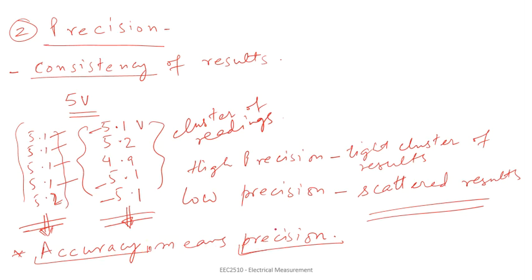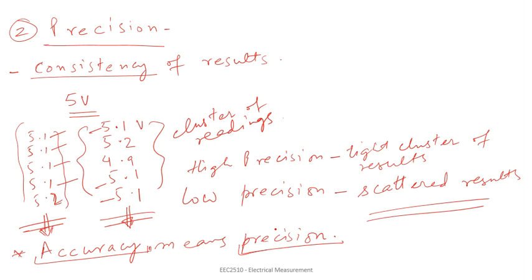So what we have studied in accuracy and precision: accuracy is the closeness of the measured value to the true value, whereas precision means the consistency of results. That is, how close the successive measurements are to each other.